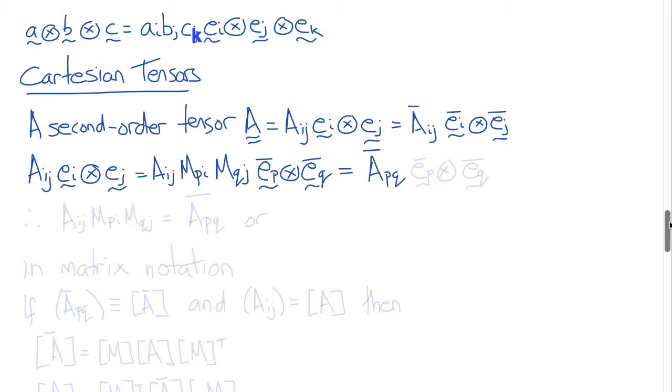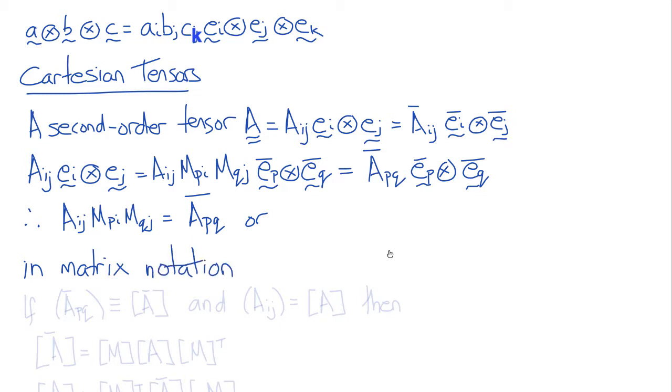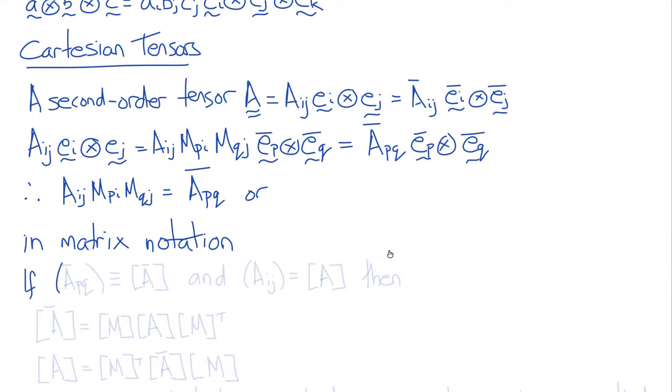And so we can now expand this, again using the orthogonal rotation matrix of cosines, and we'll then be able to show that A_ij m_pi m_qj would be equal to A_pq bar, or in matrix notation, defining A_pq bar as the matrix A bar and A_ij as the matrix A, then we get A bar is equal to M A M transpose.